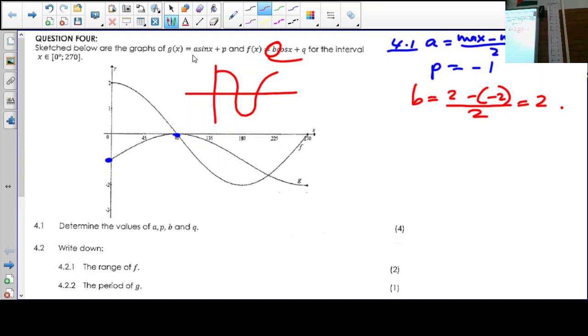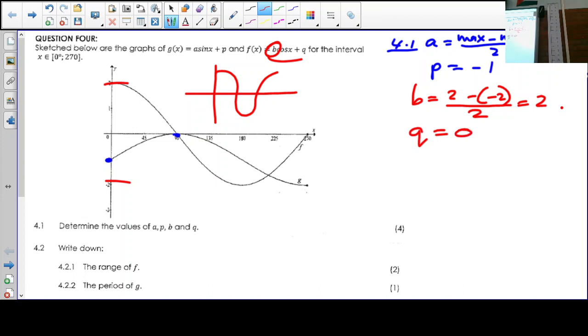Right. People, is there a vertical shift on this graph? No, because it's 2 and -2. We need to know our basic cos and sine graph. So your Q value is 0.